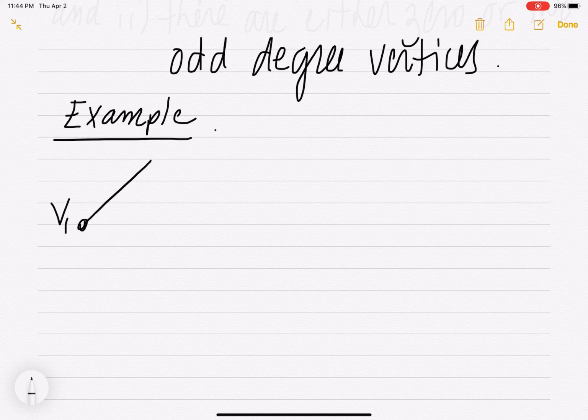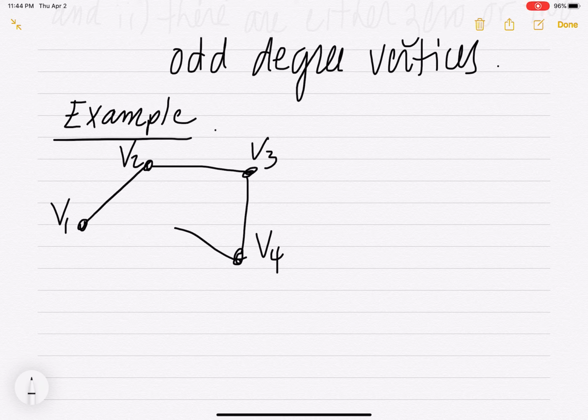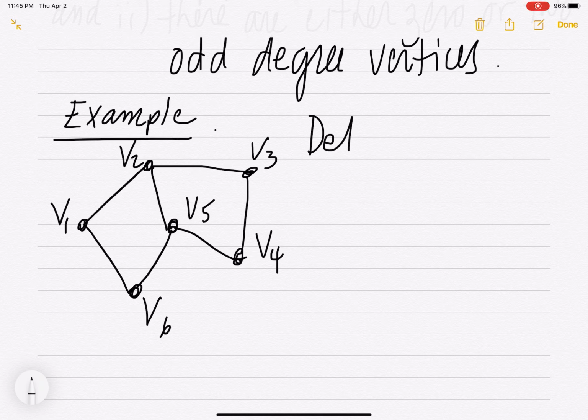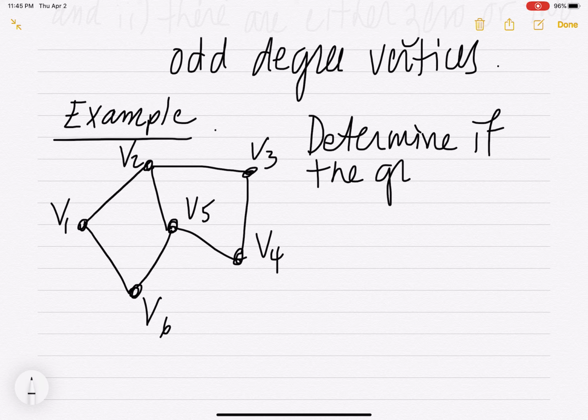V1, V2, V3, V4, V5. We're going to connect V2 and V5. We have V6 here. We're going to connect V1 and V6. So determine if the graph is traceable.